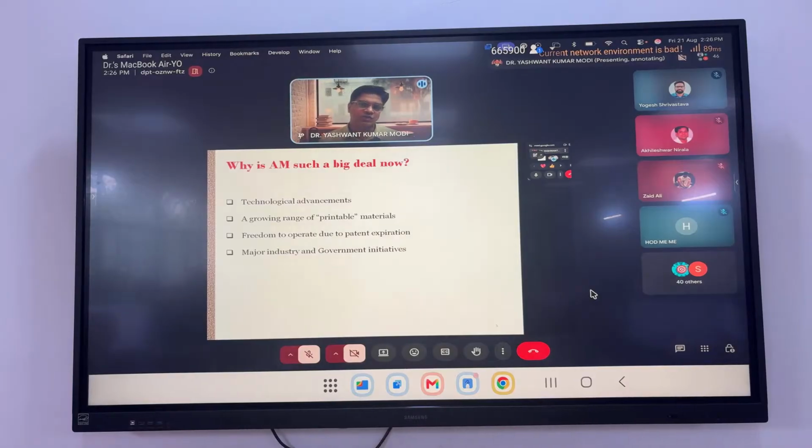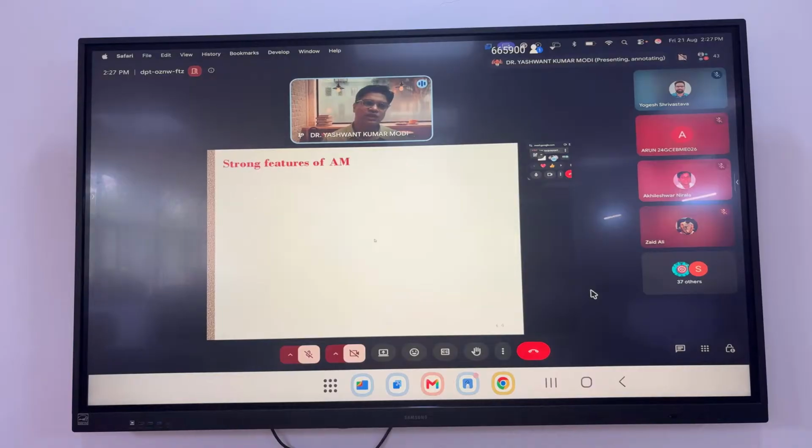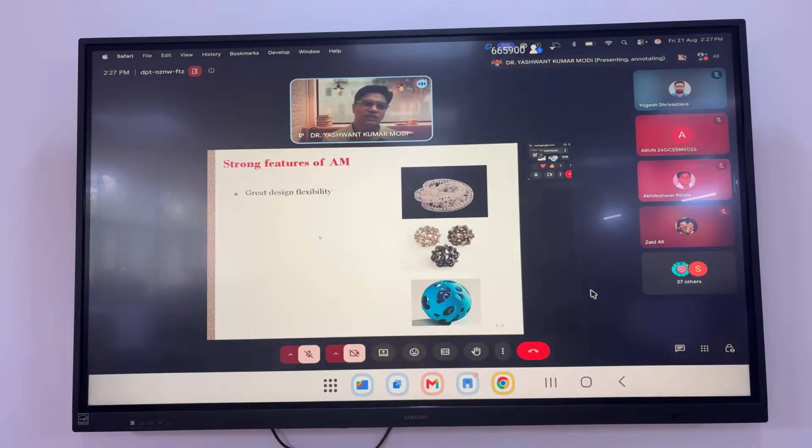Then there is a growing range of printable materials. Earlier, there were restrictions to operate due to patents. Many of the processes have gone out of patent protection because after 20 years the patent has expired for most of the technologies, and the government and industry have also been taking many initiatives to promote this technology. So these are the keys behind the popularity of 3D printing technology.